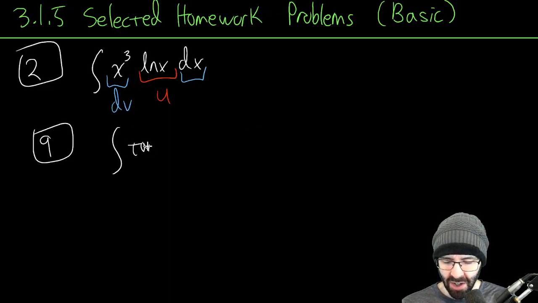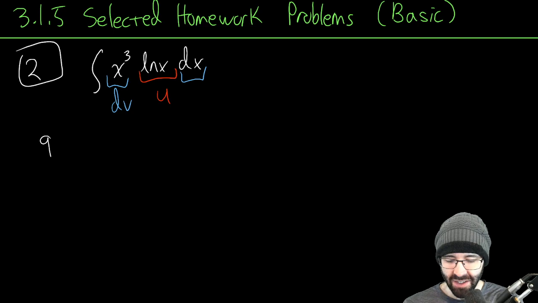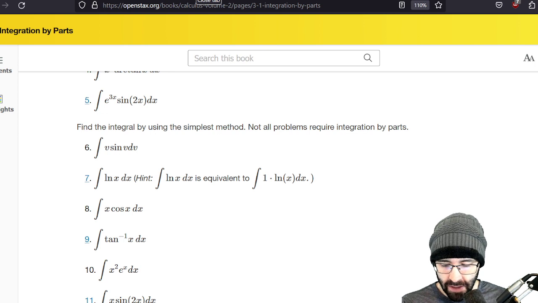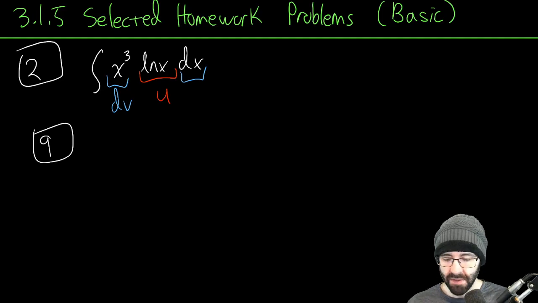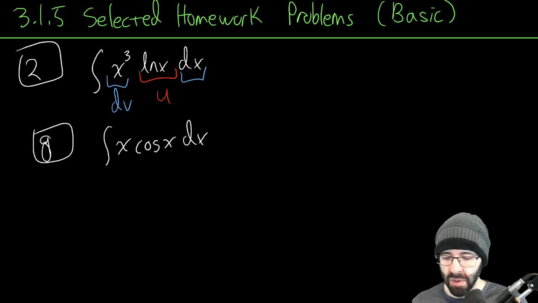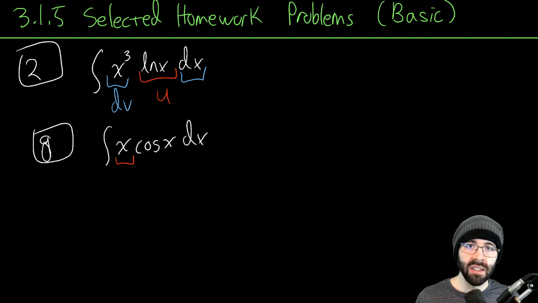Integral of arctan. No, let's not do this one. We did this one basically in the last video. Let's do the integral of x cosine of x. Okay, so we need a u. We need a dv. Either one of these is easy to integrate.